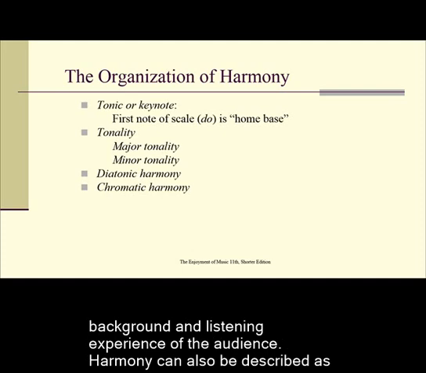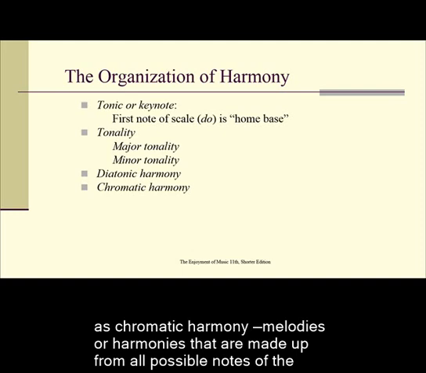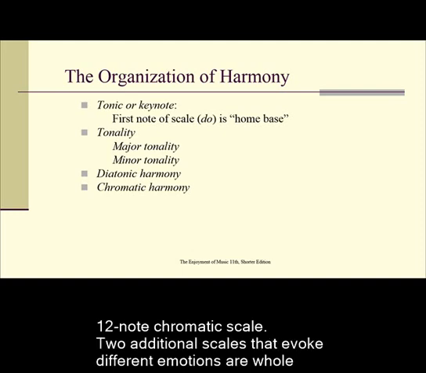Harmony can also be described as diatonic harmony, melodies or harmonies that are made up only from a major or minor scale, or as chromatic harmony, melodies or harmonies that are made up from all possible notes of the 12-note chromatic scale.